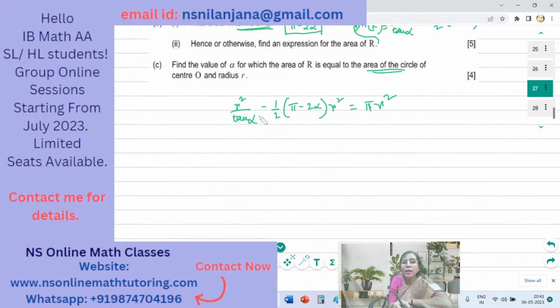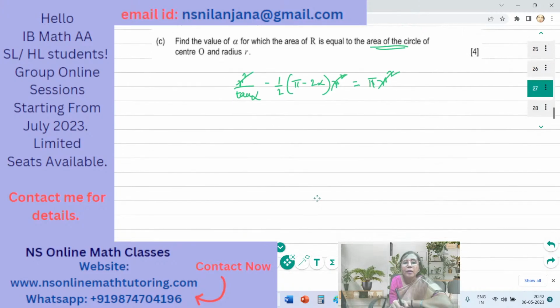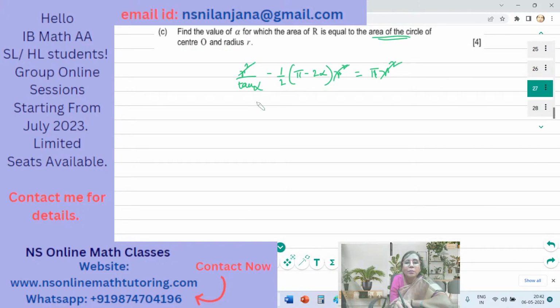Then what we can do is, because this equation is having two variables, alpha and r, there is a single equation, but we are seeing r square is present in every term. So we can divide the entire equation by r square. So these will be going. And the equation becomes 1 over tan alpha minus half times pi minus 2 alpha equal to pi.